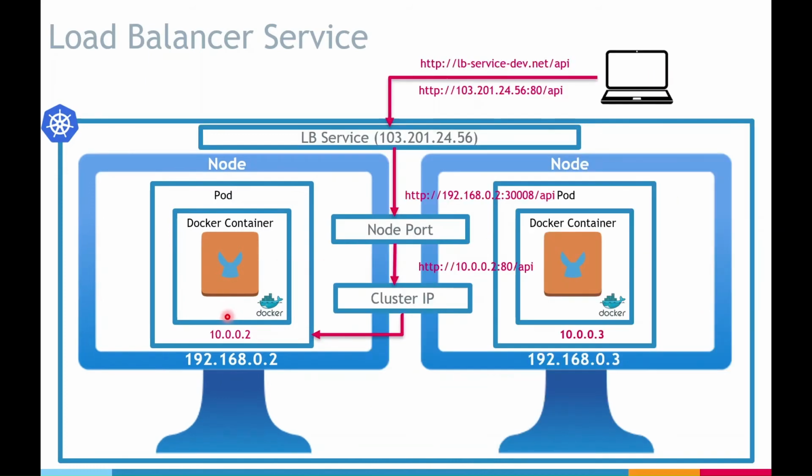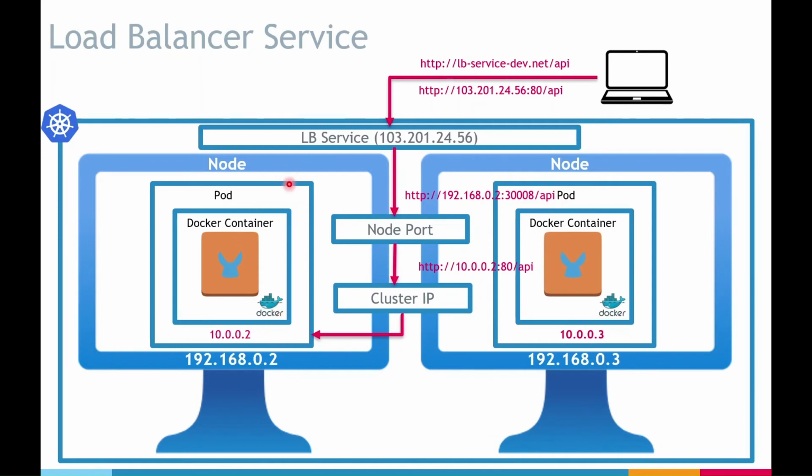So here's the extended version of the previous slide. Now I have clubbed all the concepts of services that we have learned so far: cluster IP, node port, and load balancer service. So in this diagram, I have an app which is scaled across two pods. So basically these are two replicas of the same application, and we are trying to expose them externally.